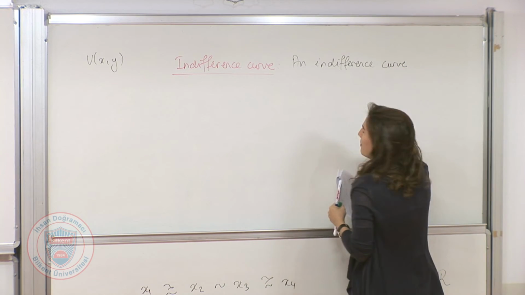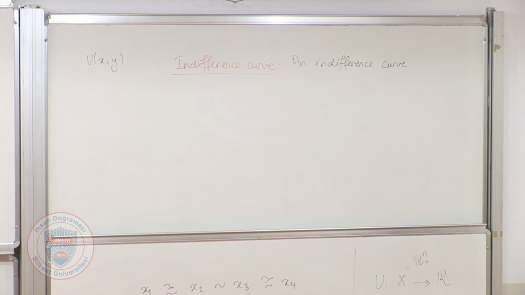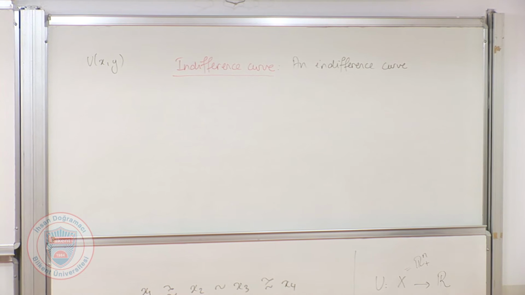But what if we have 3 goods? Then what's going to happen? In order to represent the utility function, I need 4 dimensions. Then this indifference thing is going to be what? Do you think it's going to be a curve? Before, it was a curve that I projected onto the XY plane. Now I have to project it onto XYZ space, which will be a surface.